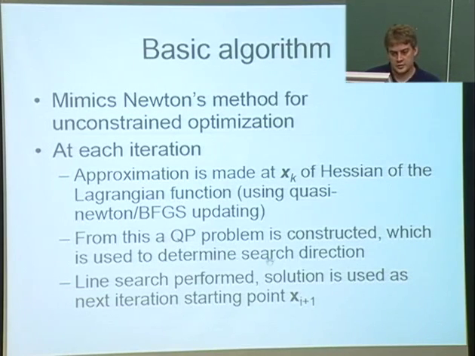And then from the search direction that you obtain, you perform a line search in the problem space. And this line search is performed using a merit function, which I'll get into later. And the solution of that merit function along that direction is used as your next starting point for the outer optimization. Are there any questions so far?